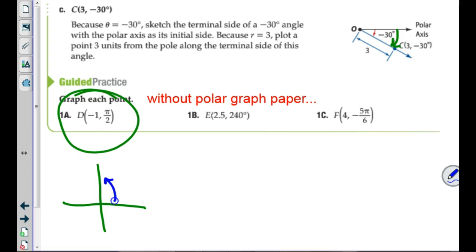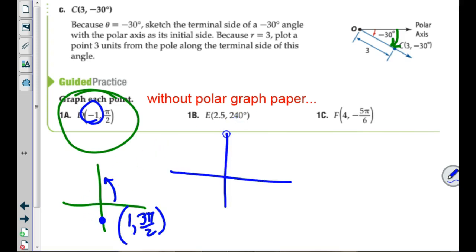So I just go up here to the pi over 2 line. But what does it say to do then? Back up 1. So you would be right down here. This would be 1 unit. Okay. Are you getting the idea that these can have more than one name? Anybody figure that out yet? This would also be called positive 1, 3 pi over 2, yes? That same dot has another name.